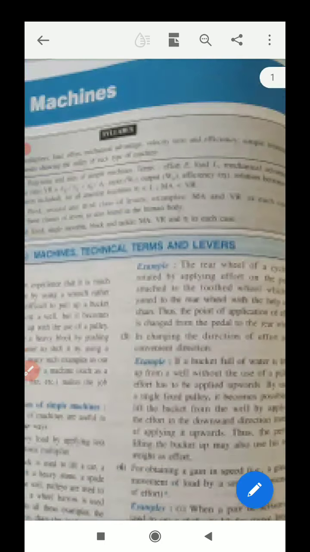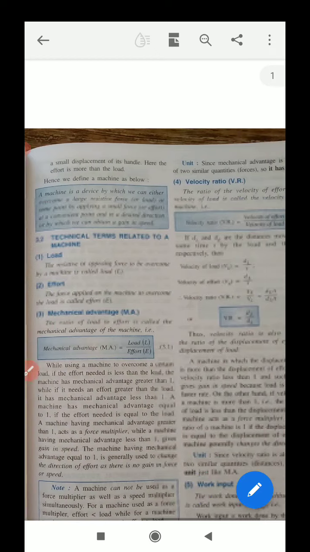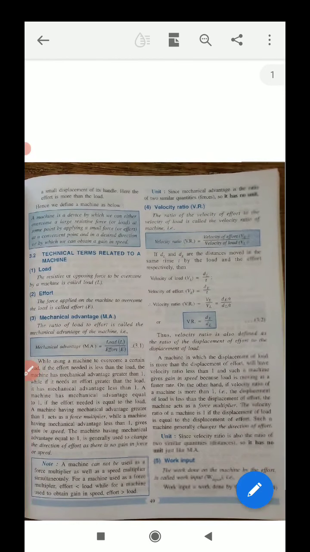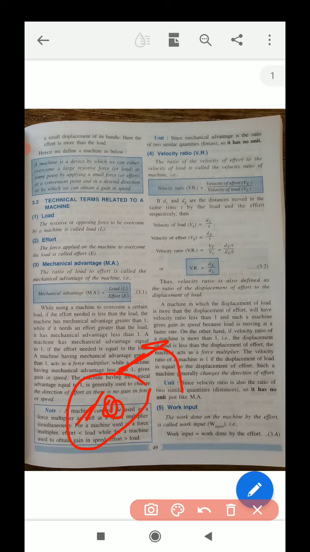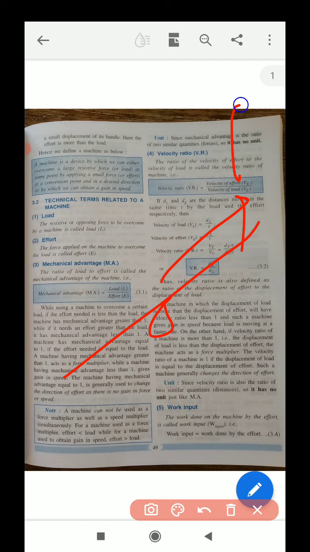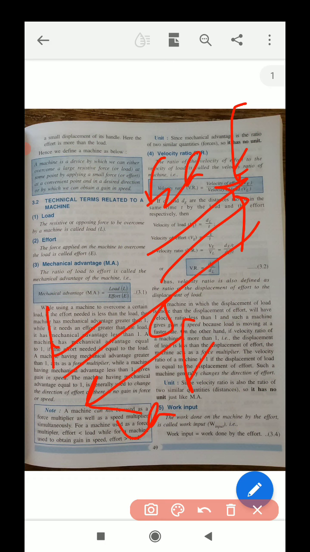Students, now just one short concept I explain here: what is velocity ratio. It is very easy. Students, mechanical advantage, you know, is load by effort. Suppose that is the fulcrum, that is effort E, F, this is L. So from the fulcrum, that is the load arm and that is the effort arm. The distance of the effort arm divided by time, you know velocity is equal to d by time.